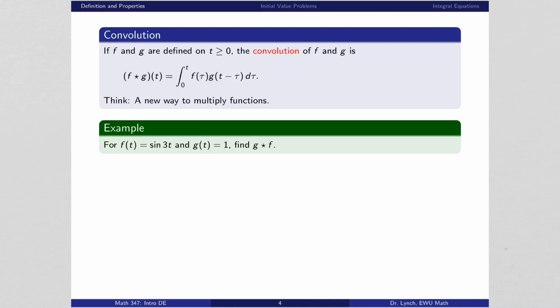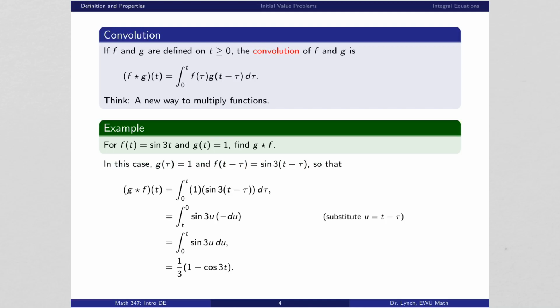Of course, we could look at the convolution in the other direction too. Let's find g star f, where g and f just switch spots. To compute g star f, g of tau is 1, and f of t minus tau is sine of 3 times t minus tau. A substitution here removes the t minus tau part, and then we end up with a familiar looking integral that integrates the same as before.